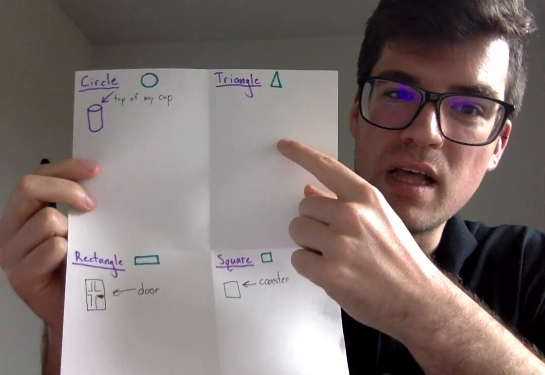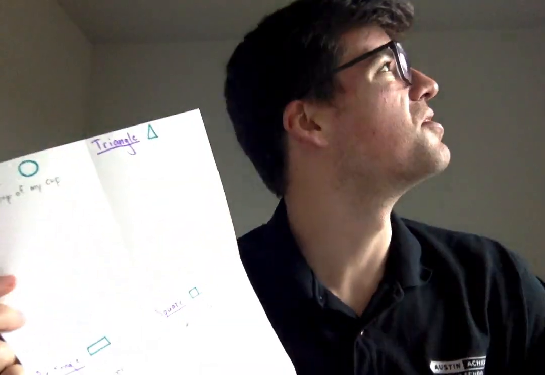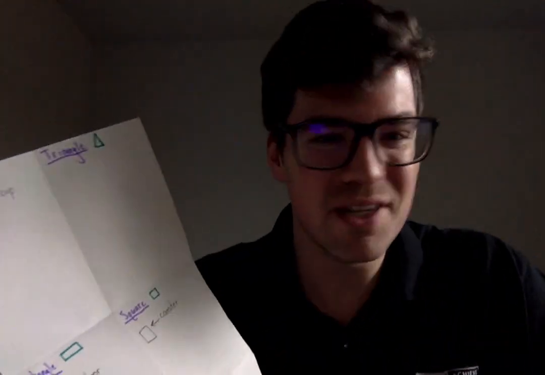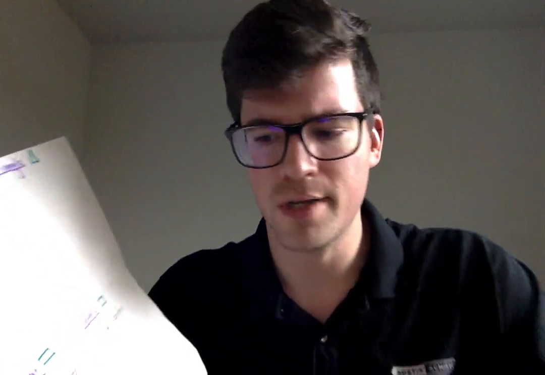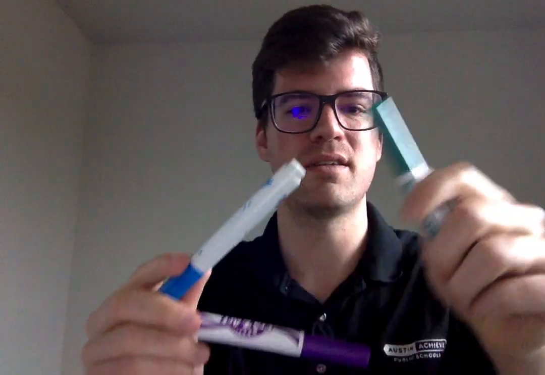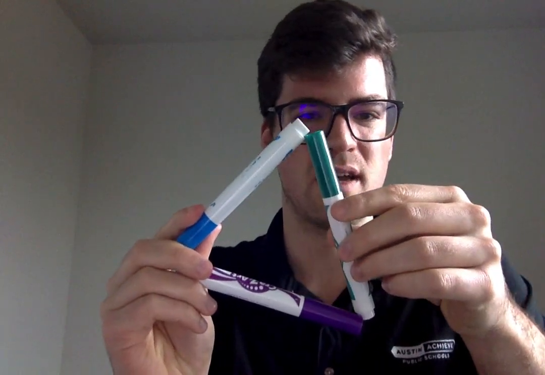Now, I haven't found any triangles, but I'm looking, and I don't see any triangles in this room. So instead, I'm just going to make a triangle. So I have some markers in front of me, and I'm just going to put my markers into the shape of a triangle. I know that I need 3 markers because there are 3 straight sides in a triangle.